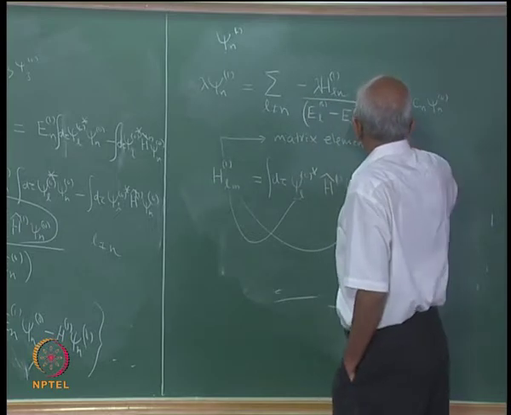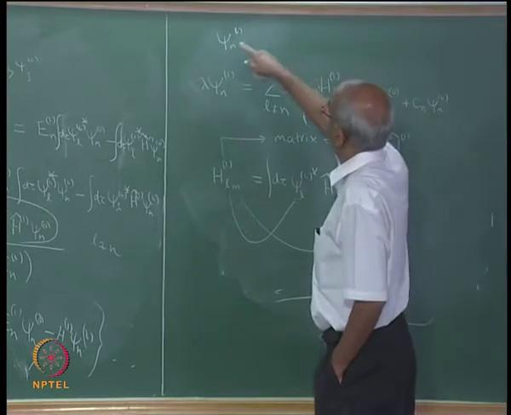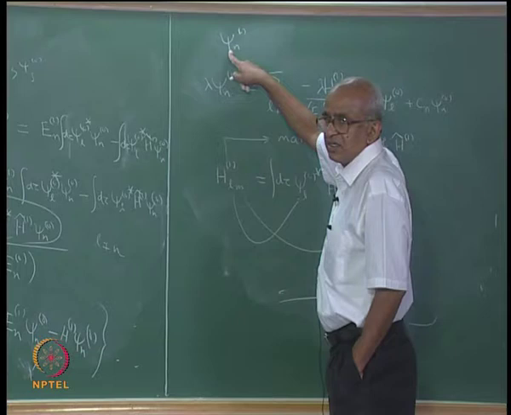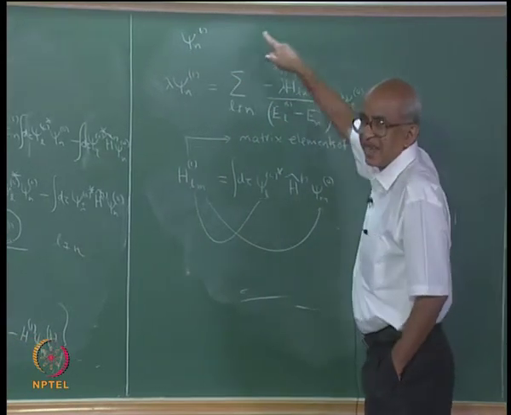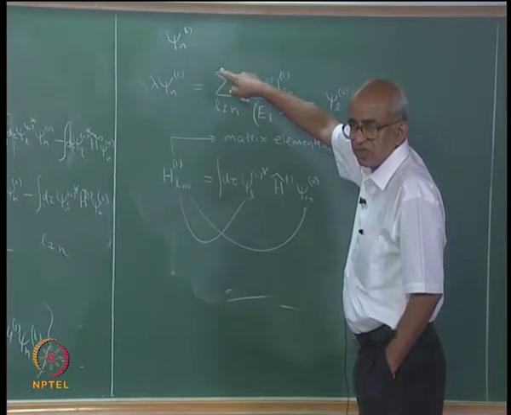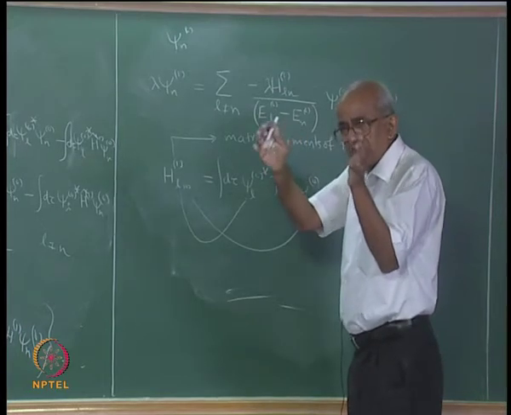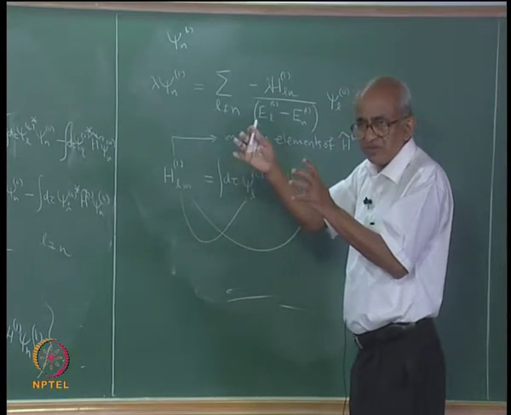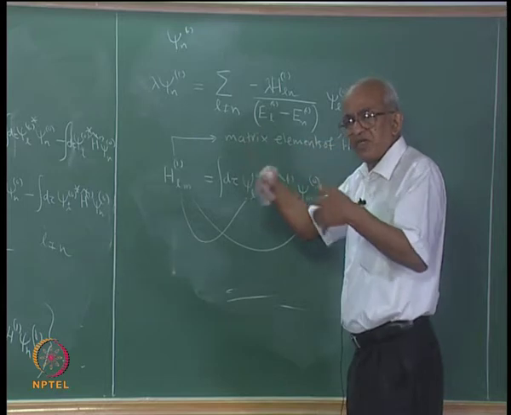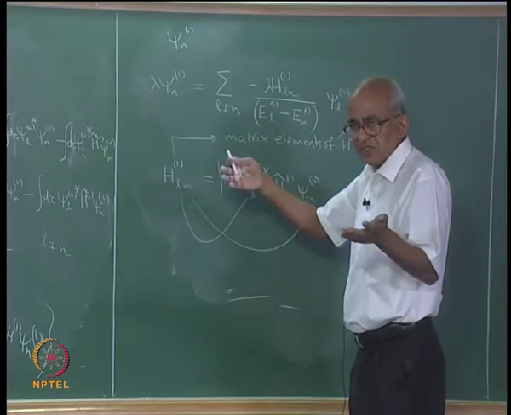So, if we had taken this correction and added it to psi n 0, all that will happen is that this term will get added on to psi n 0, and that will just modify the coefficient of psi n 0. Anyway, you have to later on ensure that the wave function is normalized, right.